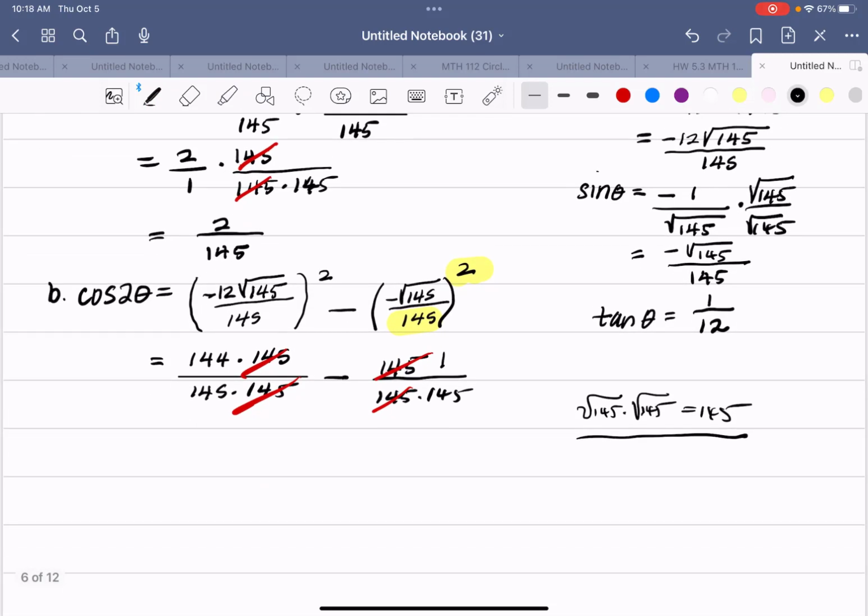So now I have to subtract these two fractions. 144 over 145 minus 1 over 145. 144 minus 1 is 143 over 145. And that's the answer for the cosine of 2 theta.